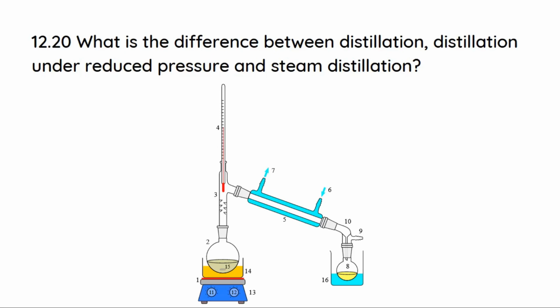This particular method is especially used for compounds which do not get decomposed under high temperatures. They are able to undergo boiling, and they don't undergo decomposition. Also, one more important thing, this is used for liquids which have a huge difference in their boiling points.